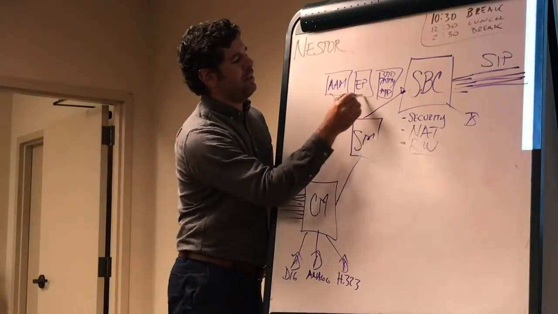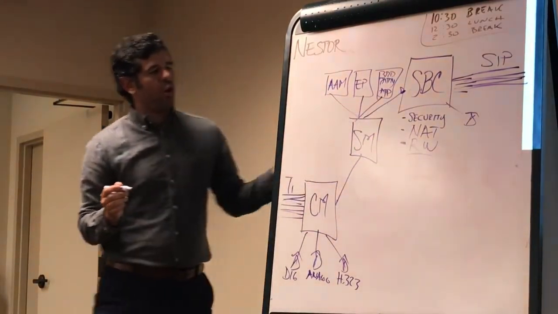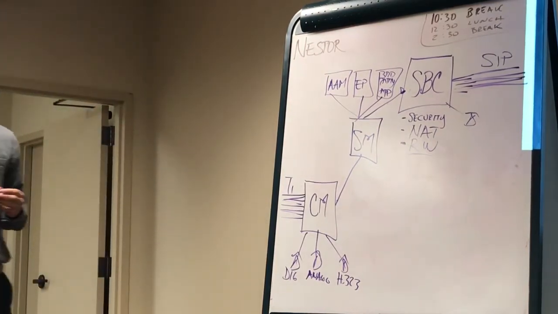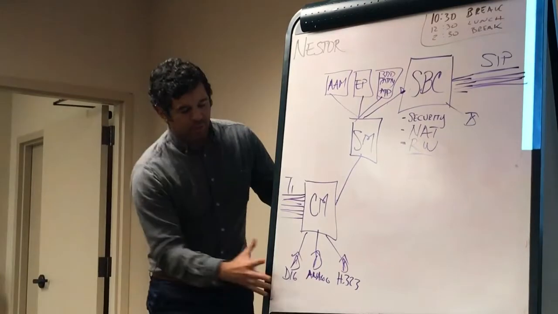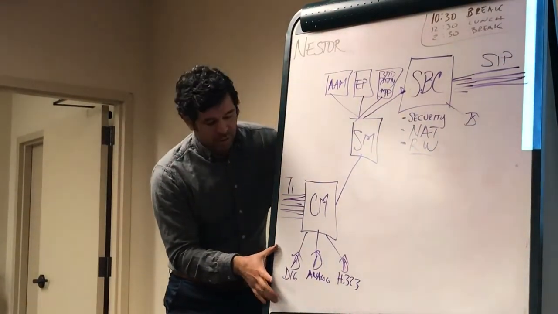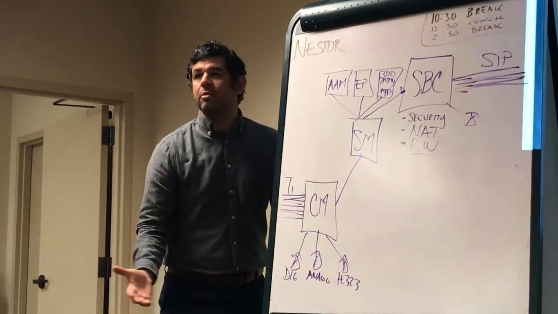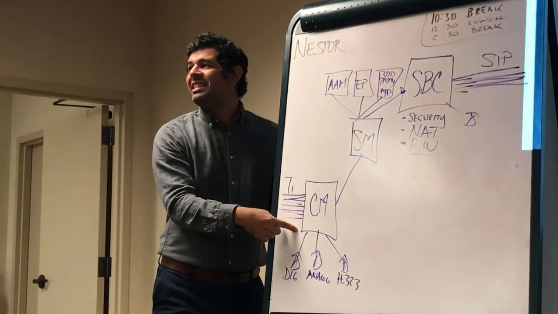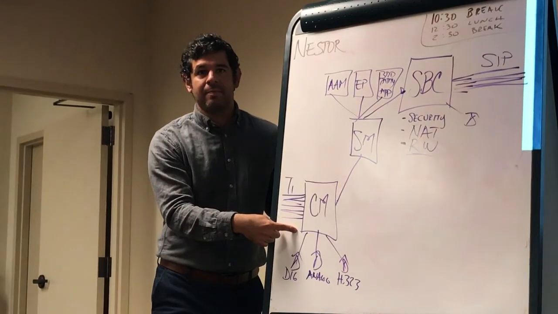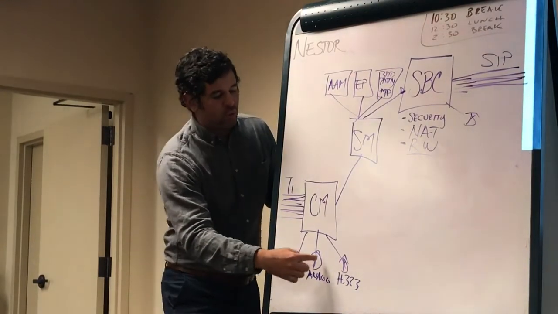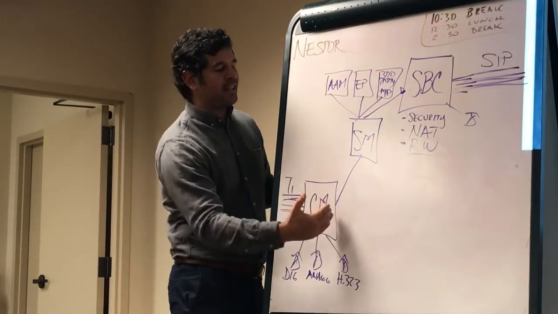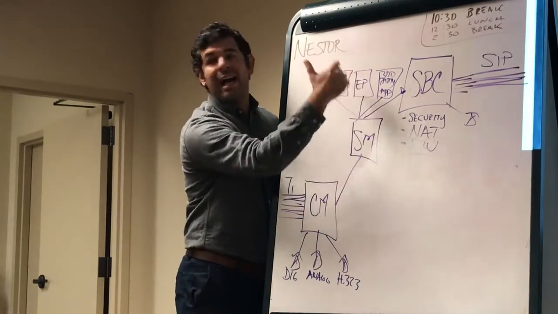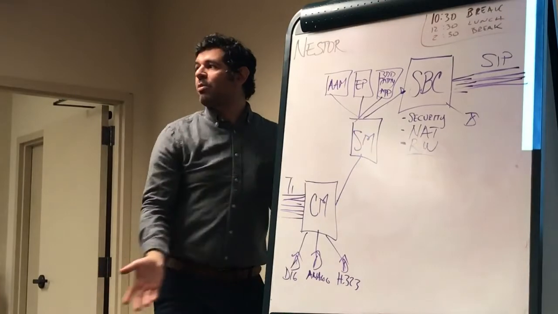So you integrate those with Session Manager. What's the benefit of that integration? Well, the benefit is that for these endpoints that you see here, your digital, analog, H.323 endpoints, if they require a feature that CM doesn't provide, as long as you make that call go through Session Manager, your Session Manager could invoke a third-party feature server that provides that feature.